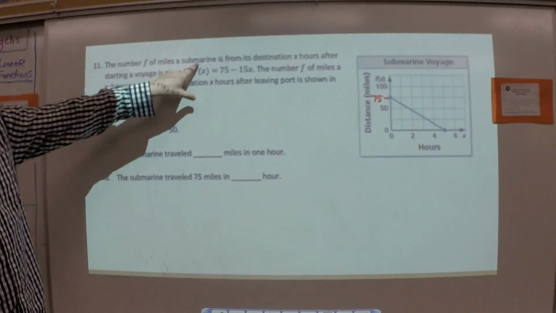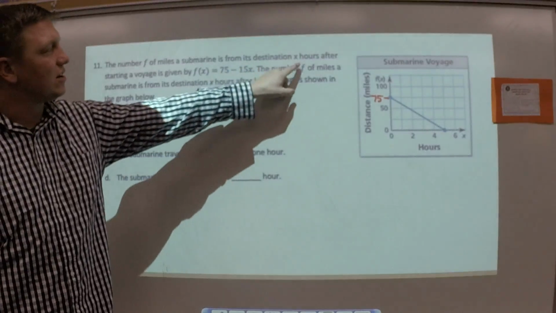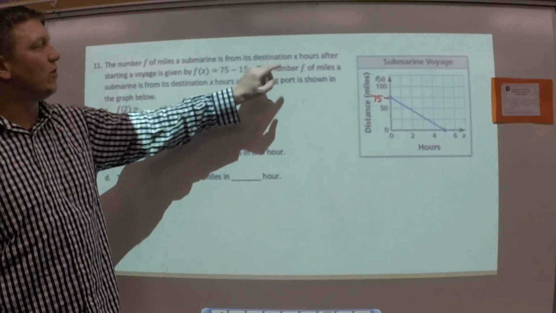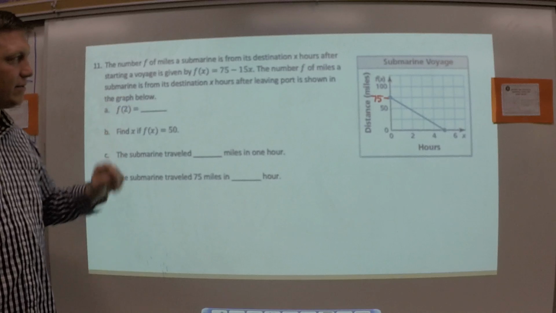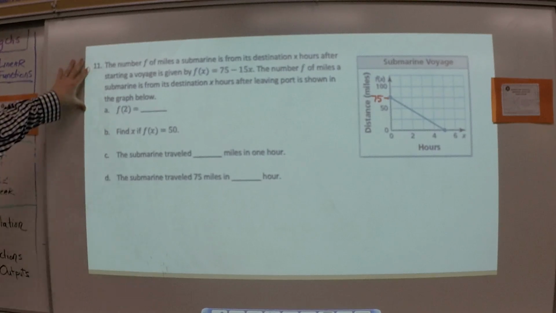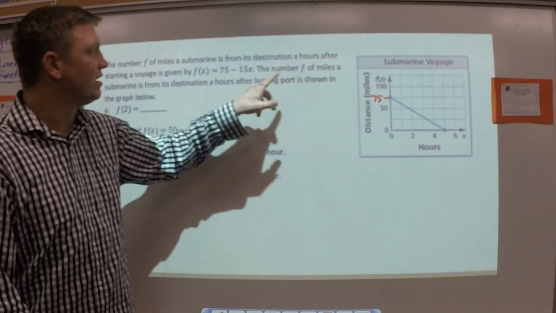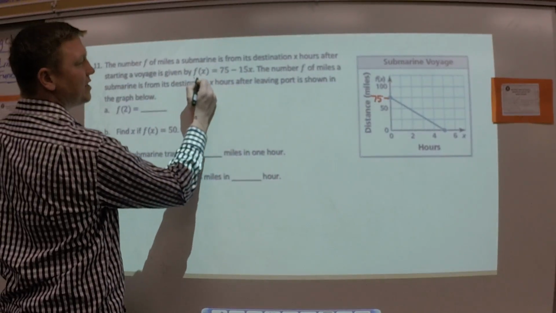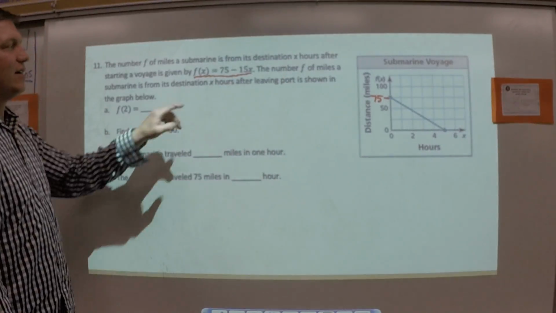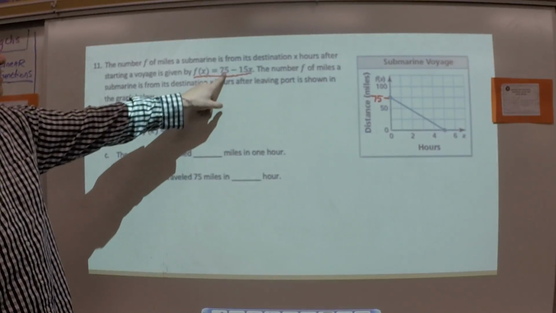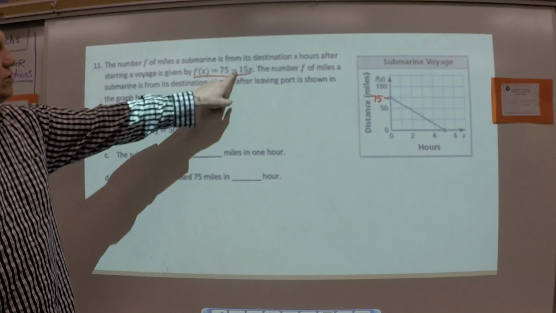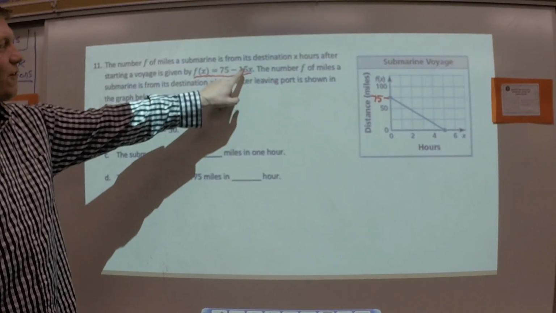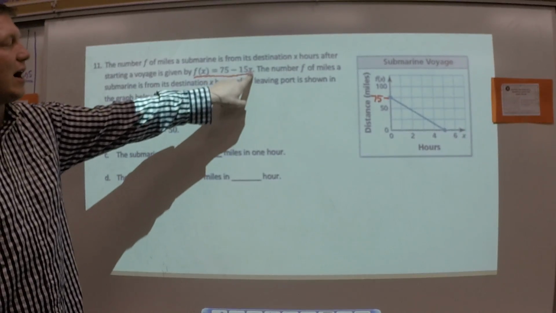The number of miles a submarine is from its destination. Oh, I guess it's not going down, it's going to a destination. All right, great. X number of hours. So we got hours here and distance here. And it says, after starting the voyage we have an equation that was represented right here, which means that we're going to have 75 miles, and then it's going to decrease in distance for 15 miles every what?